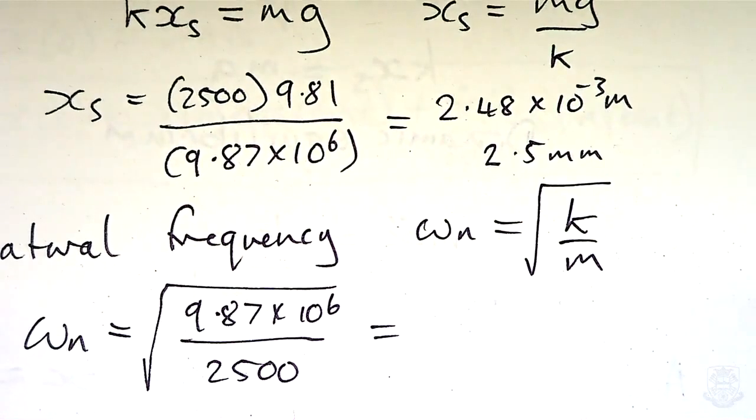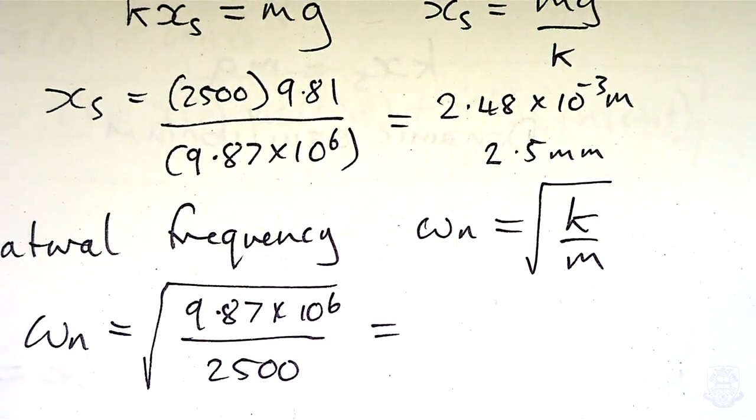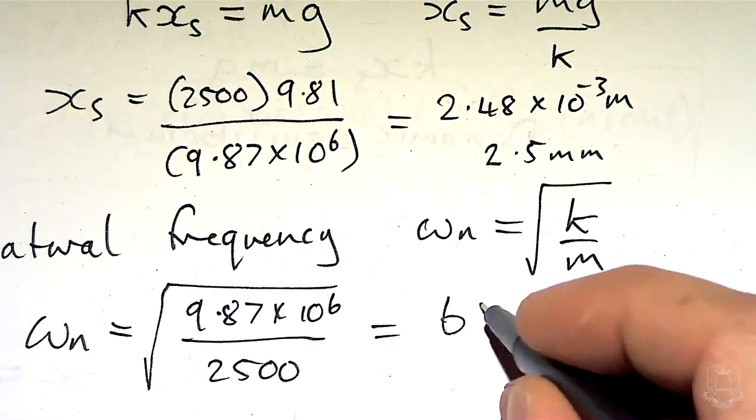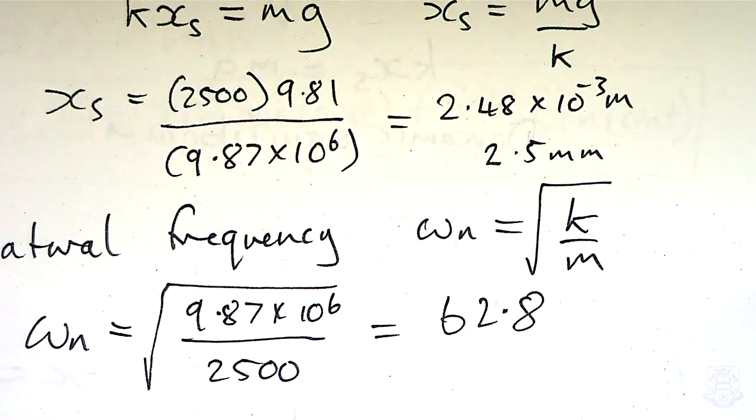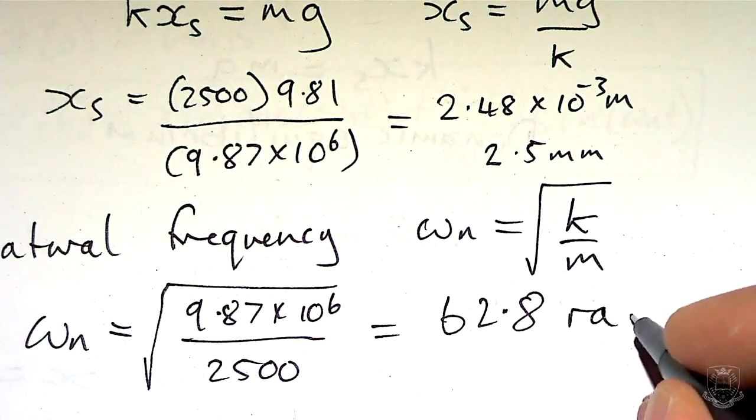And that equals what? Who's fastest with the calculator? Very good. 62.8, but what's the units? Very good, yeah, radians per second.